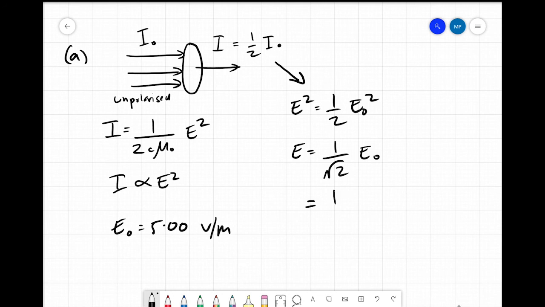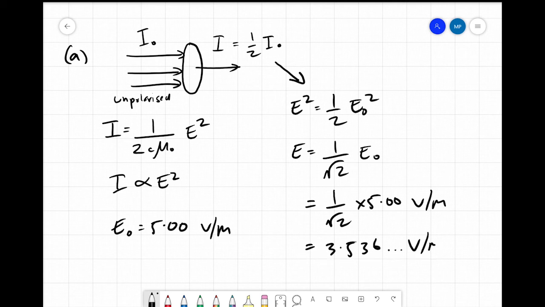And so we'll just substitute that in. And we end up with 3.536 volts per meter. And to three significant figures, we'll have it to 3.54 volts per meter.